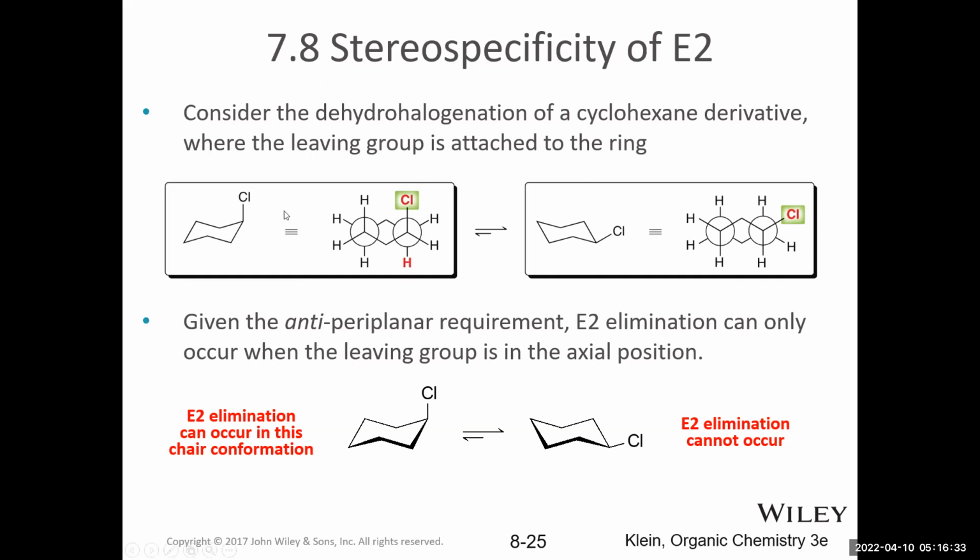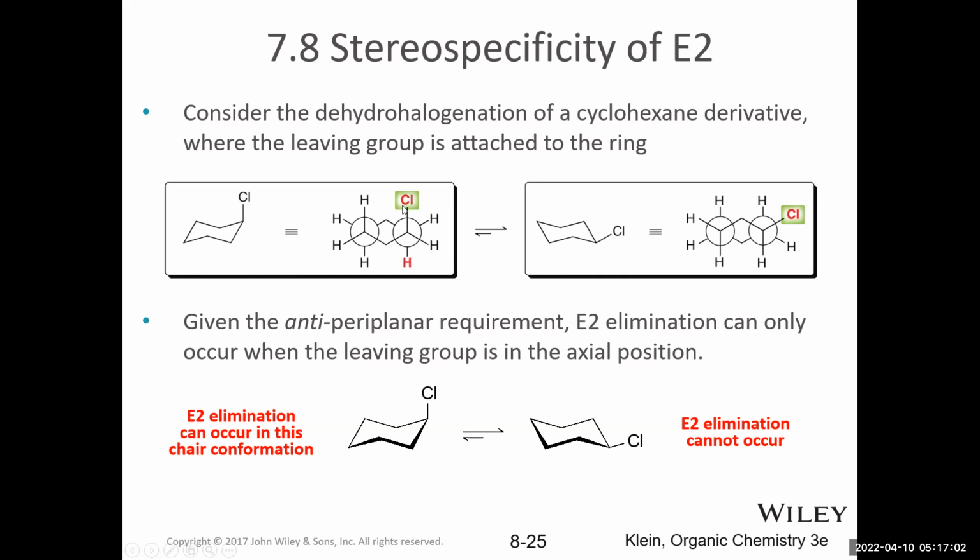And the leaving group is going to be attached to the ring. We can actually look at the Newman projection down multiple carbon-carbon bonds simultaneously. So this one with the chlorine pointed up here is obtained from the viewer putting their eyeball over here and then looking down these two carbon-carbon bonds simultaneously.